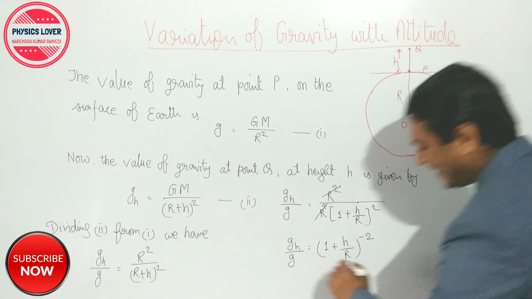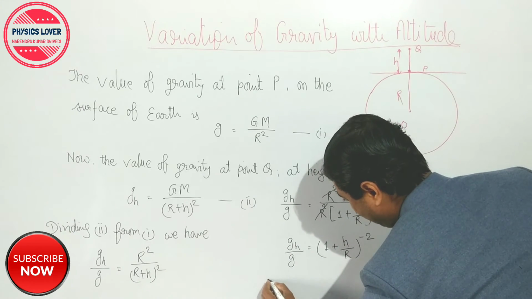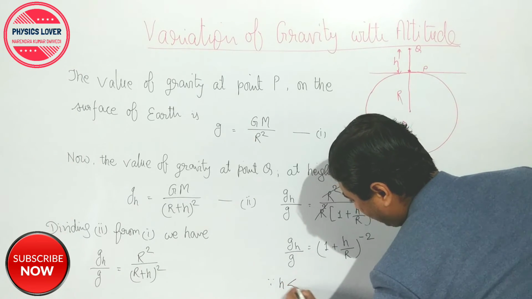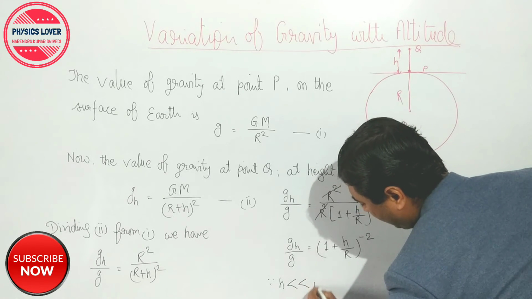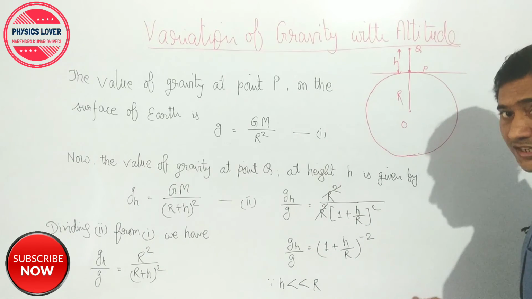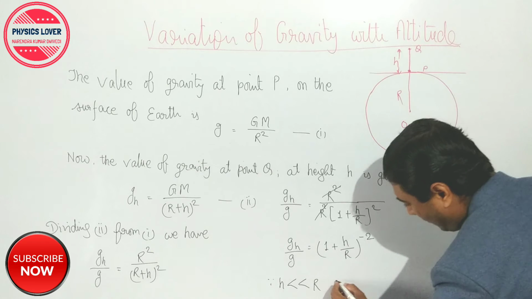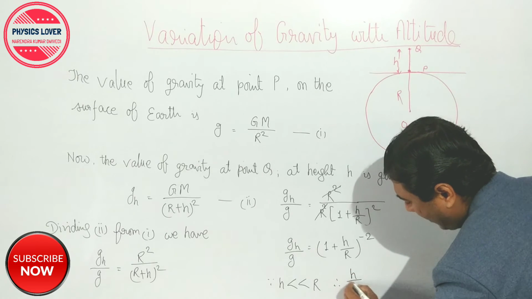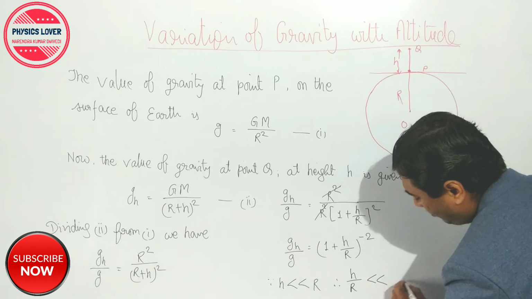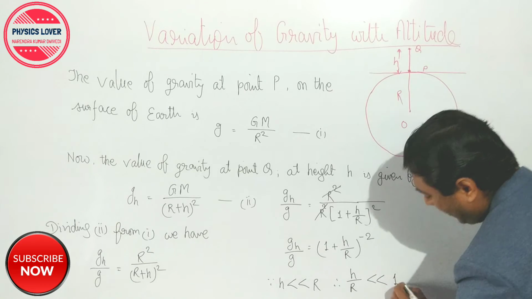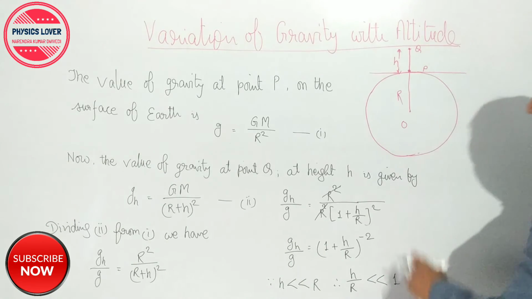Now students, as can be seen, this height H is quite small in comparison to the radius of the earth. Therefore, this H by R term is going to be much smaller than 1.